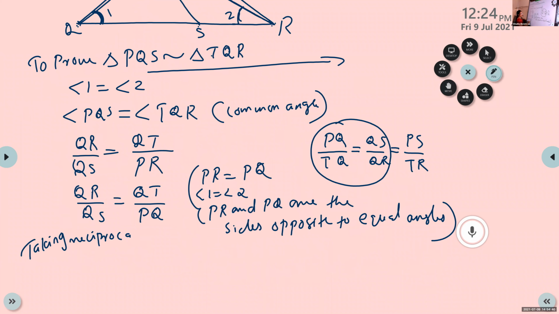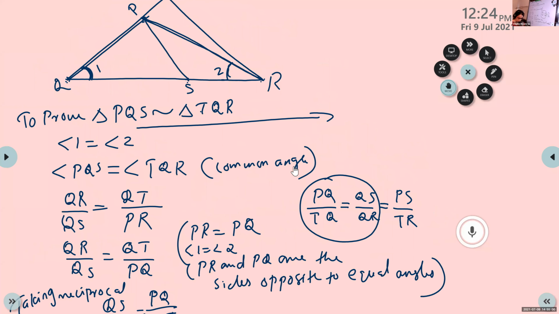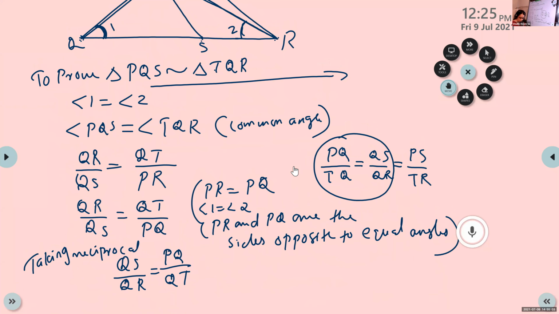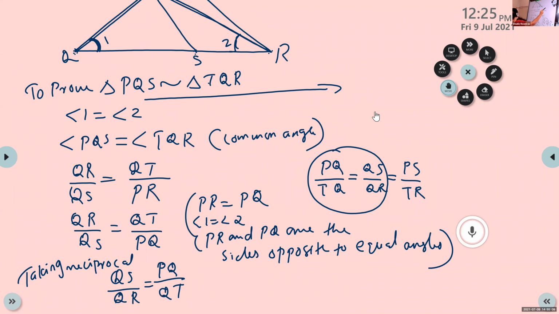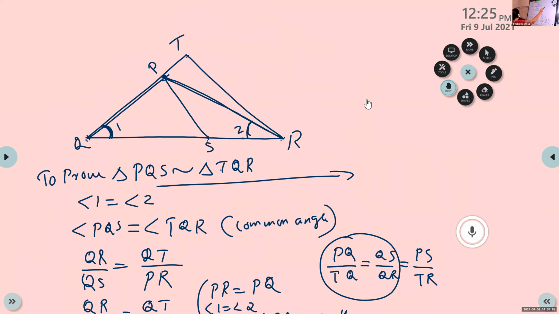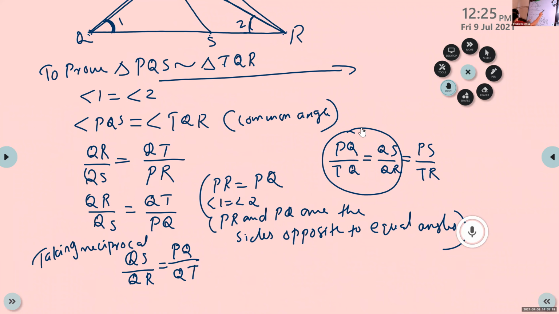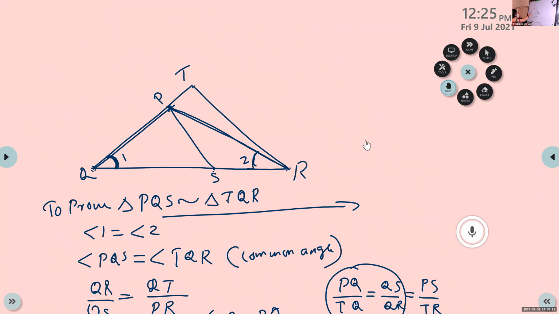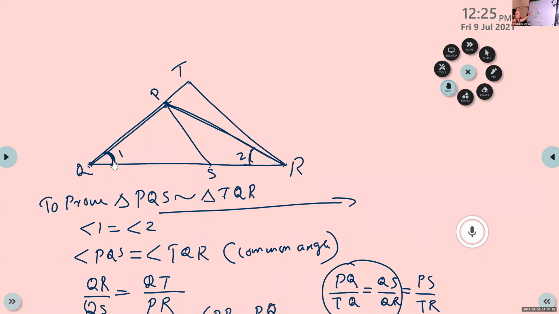We have QS by QR equal to PQ by QT. So QS and PQ: the common angle is angle 1. See, it is the included angle.